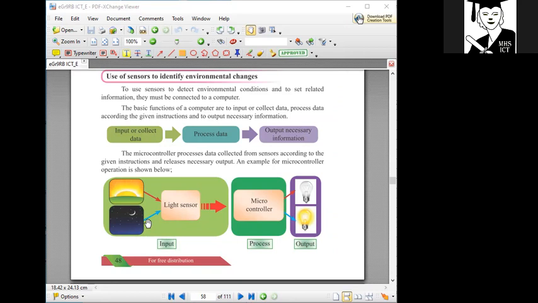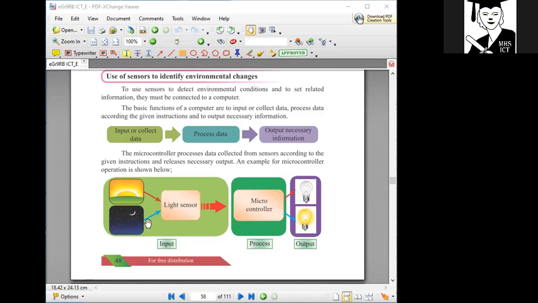For example, every morning 6 o'clock till evening 6 o'clock will be the daytime, and evening 6 o'clock to the following day 6 o'clock will be the night time. So we are giving these conditions to the light sensor. According to those conditions, it works and gives us the information.